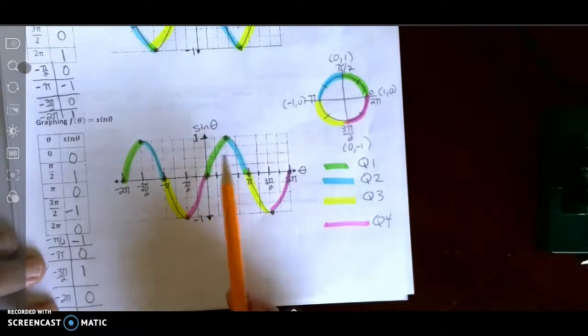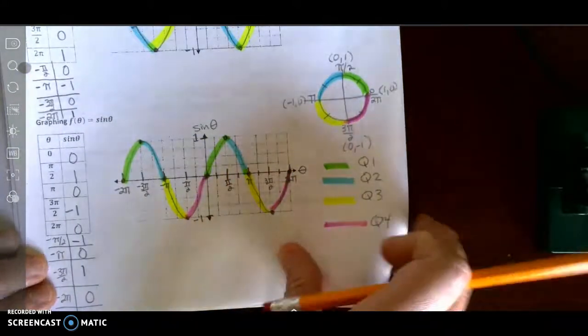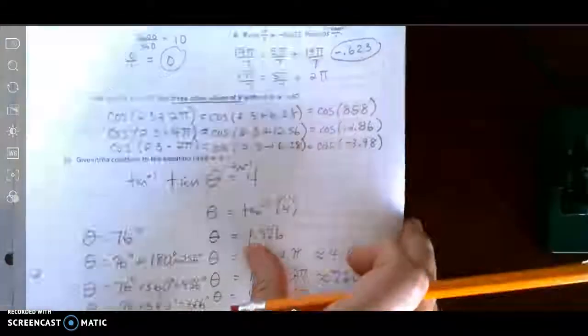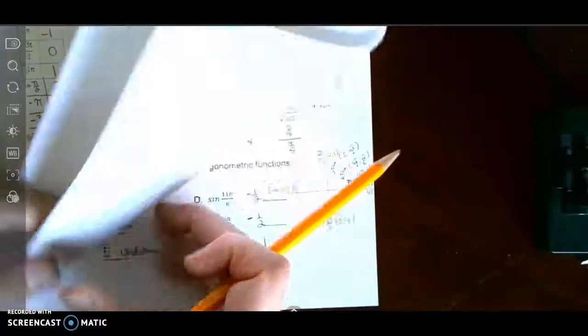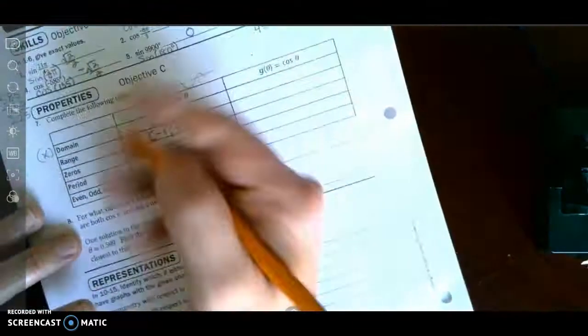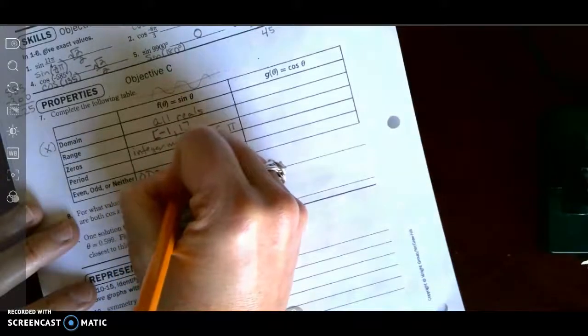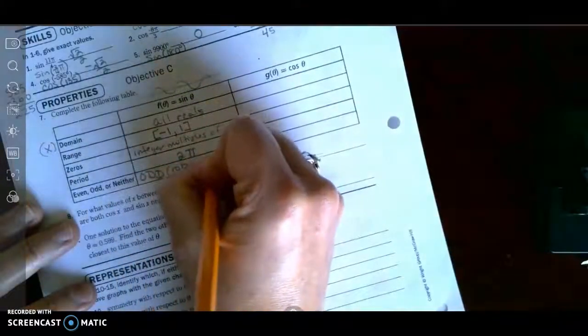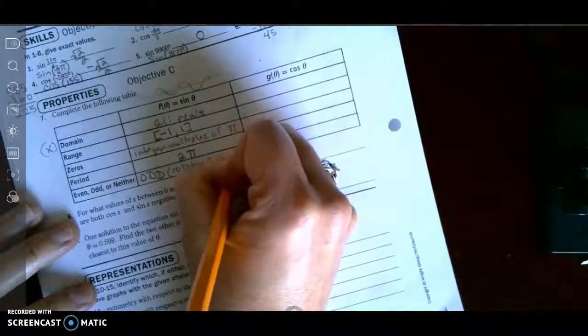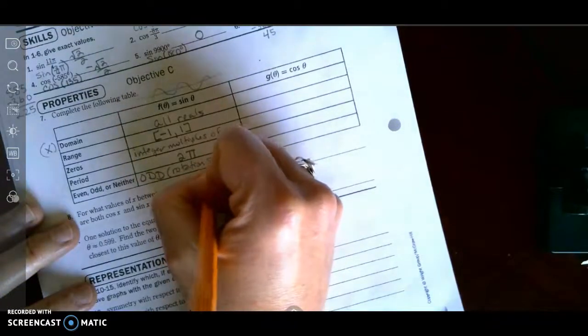When I look at this, it is rotation symmetric around the origin, which would mean that this is odd. That is odd because it's rotation symmetric about the origin.